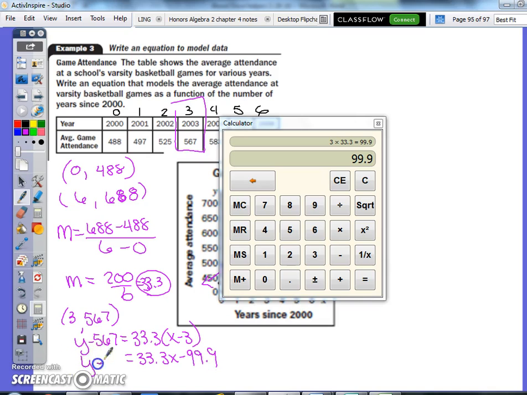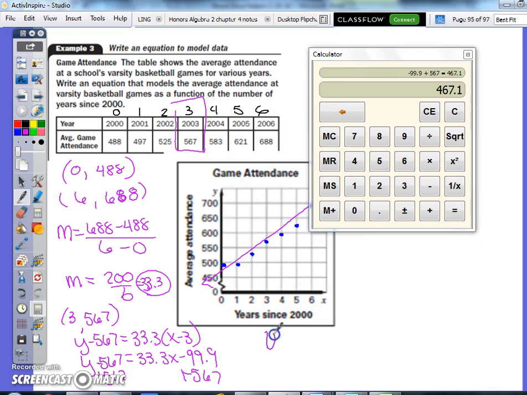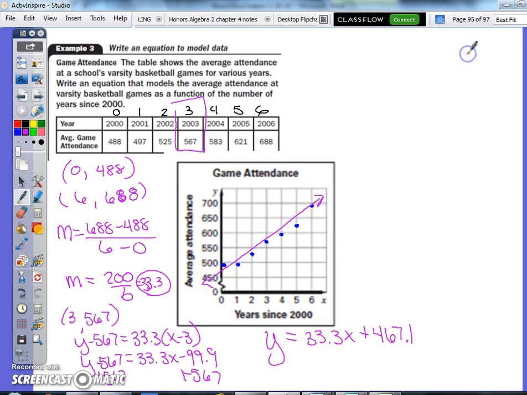Bring down the y minus 567. Add 567 to both sides. And you are coming up with y equals 33.3x plus 467.1. Which is about right, because that's about 467.1. Pretty good.